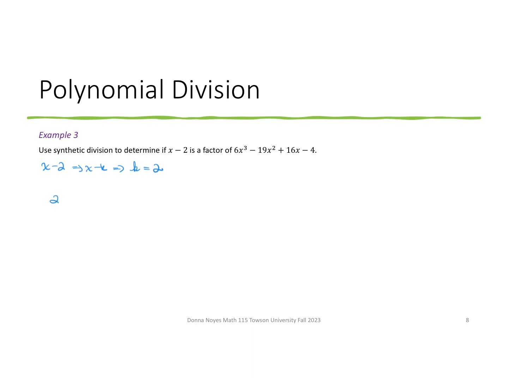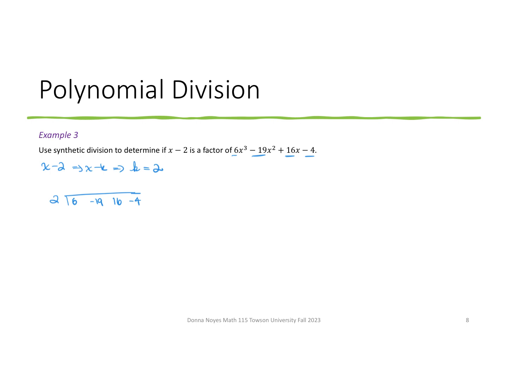So we have a divisor on the outside of 2, and underneath, we take the coefficients of our polynomial: 6, negative 19, 16, and negative 4. Notice we don't have any zeros this time. We have x cubed, there's 6 of those, x squared, there's minus 19 of those, x's, we have 16 of those, and the constant, we just have a minus 4.